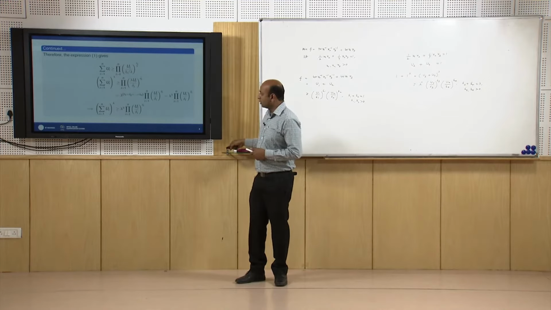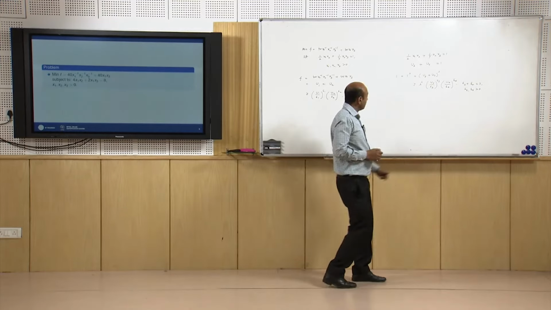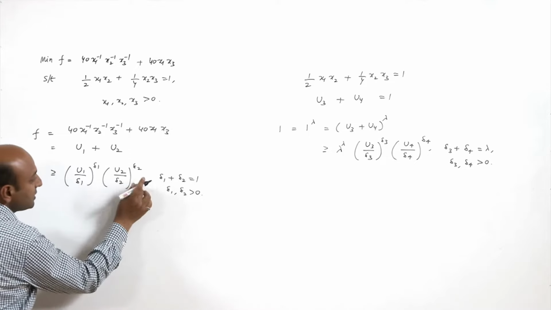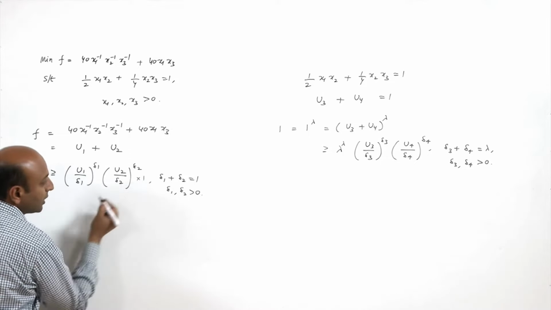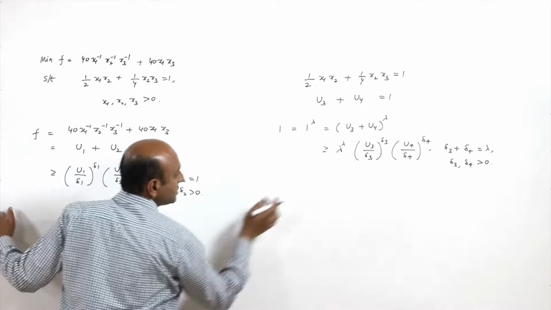So, what we obtain from here? By the constraint we obtain this inequality. Now, this we can use here. We can always write this as into 1, and this 1 is greater than or equal to this inequality.